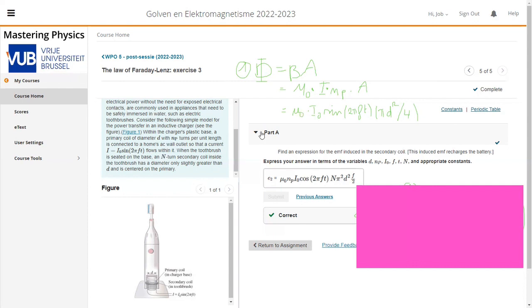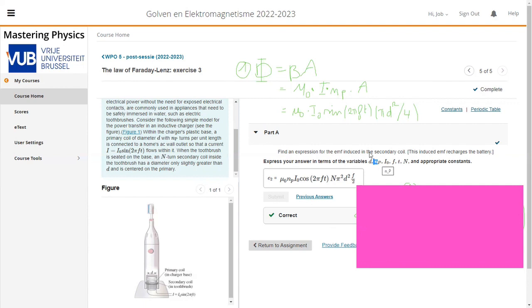we are basically working on the primary coil. I don't know how to say this, but we can see primary coil and secondary coil. What we have been given is the NP.